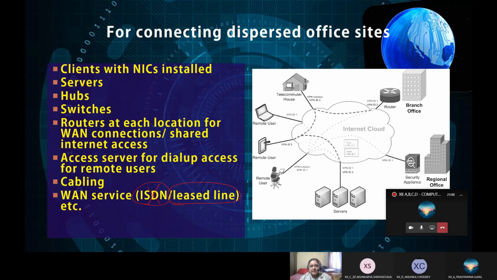So for this leased line, the firm has to pay a high amount of money to the company providing it. Normally leased lines are provided by public sector companies like BSNL, or very large public plus private sector companies, basically telecom companies.